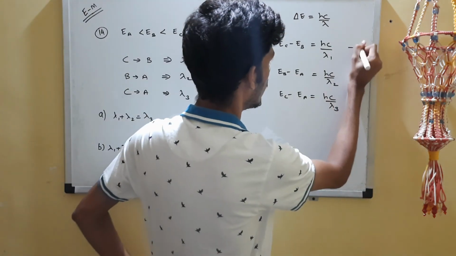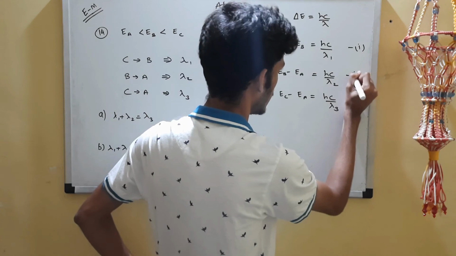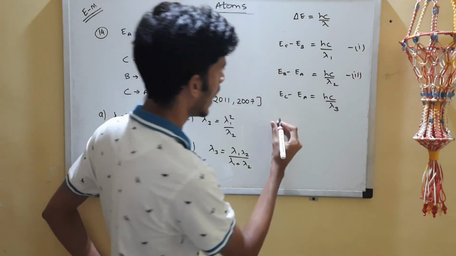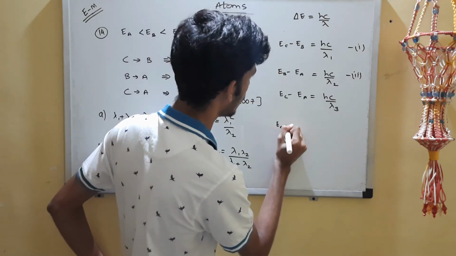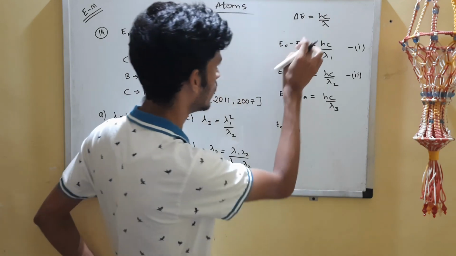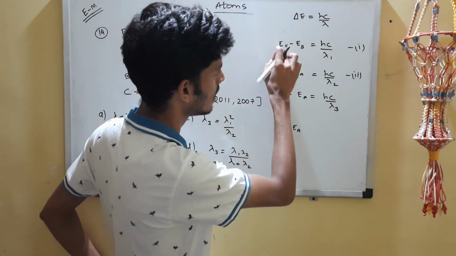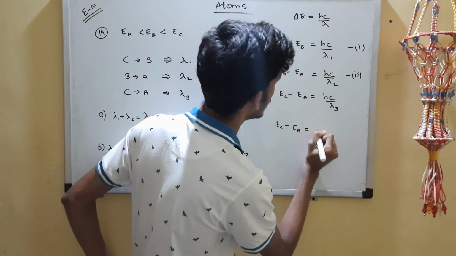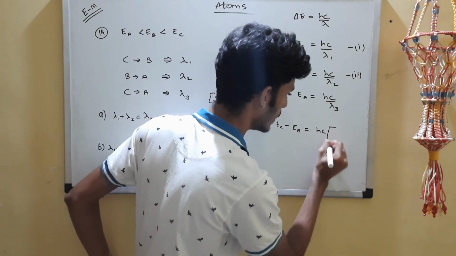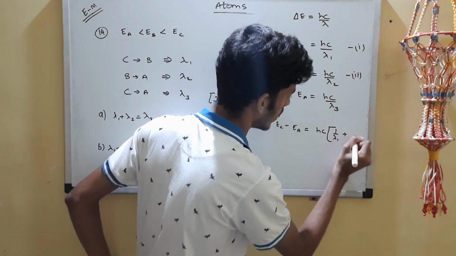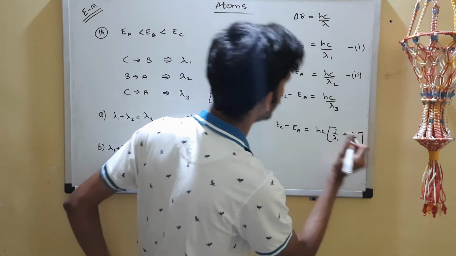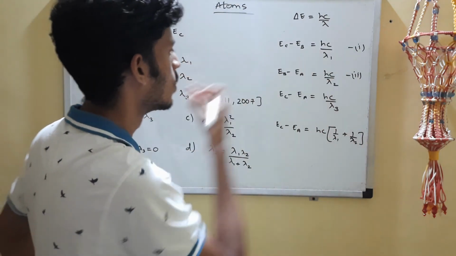So let's add the first and second equation. By adding first and second, we get EC minus EA, as EB will get cancelled, equal to hc into 1 by lambda 1 plus 1 by lambda 2. I've just taken hc common in both of those.